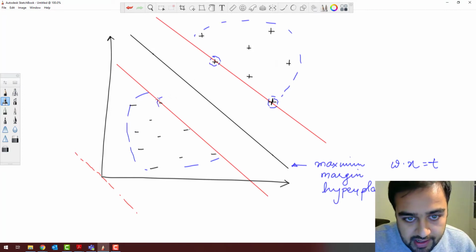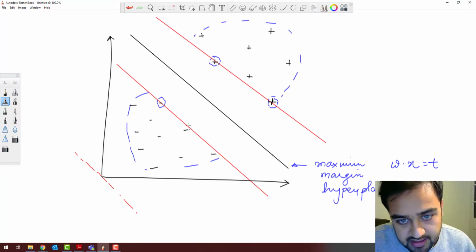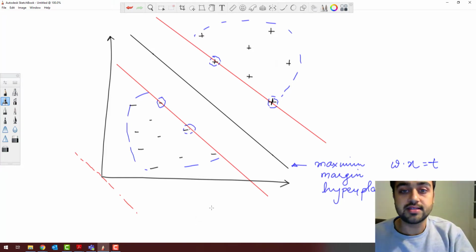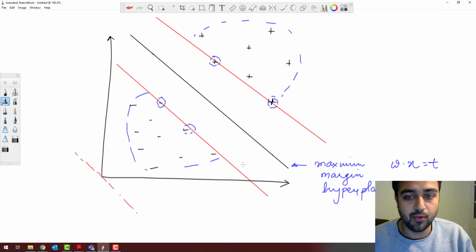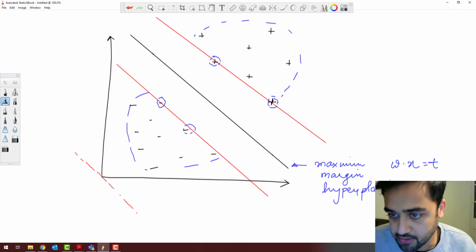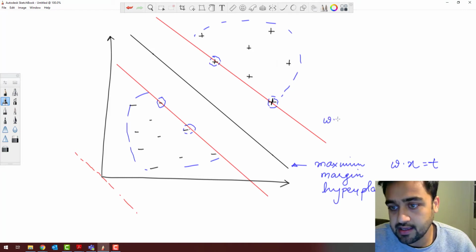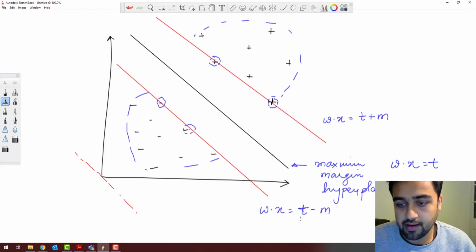Let's say even this is a supporting vector and the line crosses from it. So we use these 4 points as our support vectors in order to build our decision boundary. And these support vectors are defined as w dot x equals t plus m, and w dot x equals t minus m.